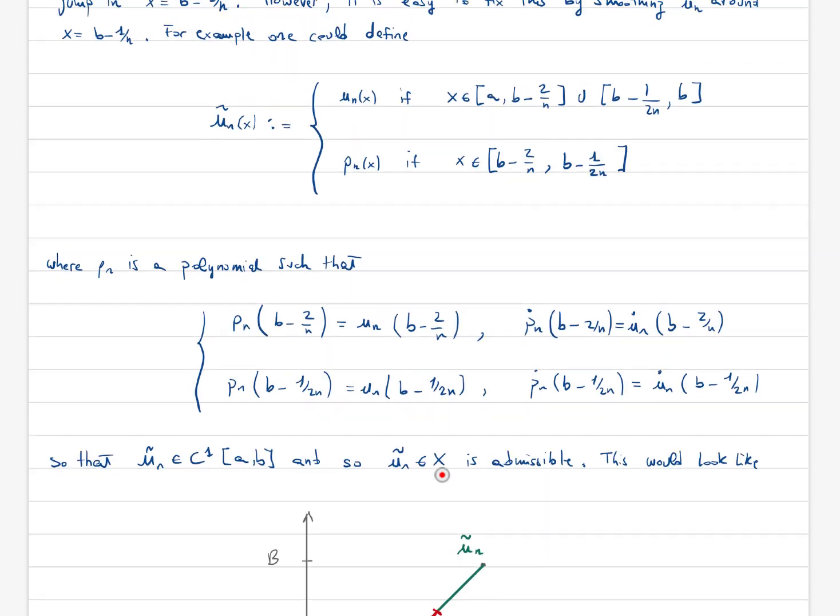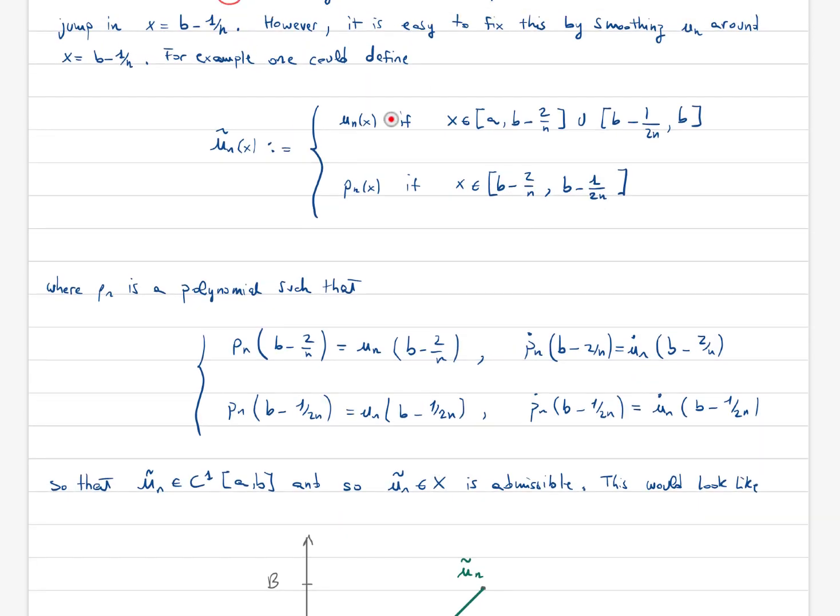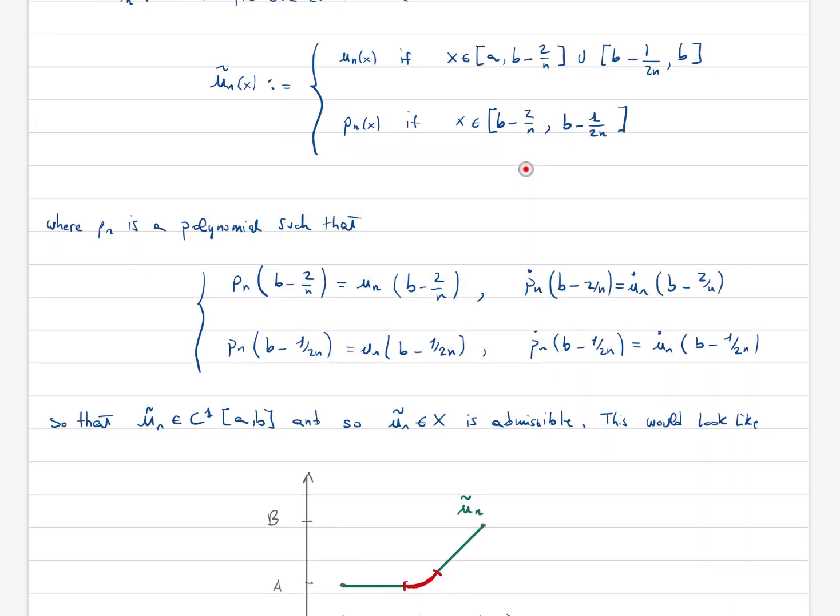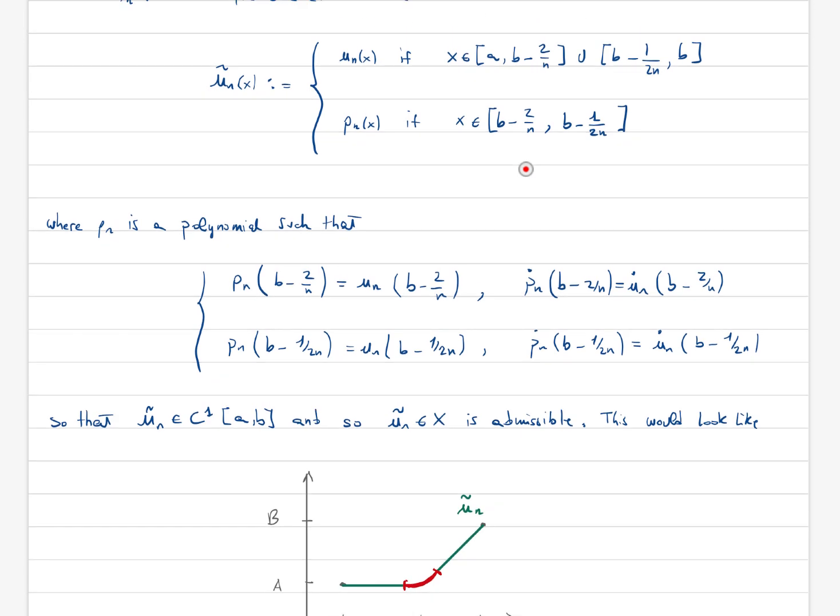Okay, so the idea is that in this case, for example, you can define the function in the following way. It's the original function away from the point b minus 1 over n, and then you can connect a polynomial in this red area.